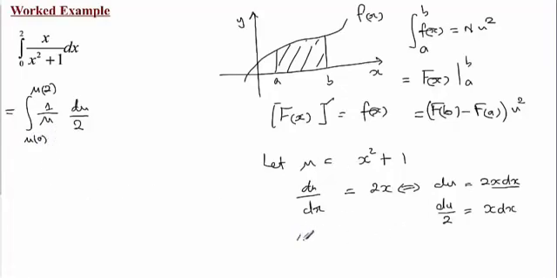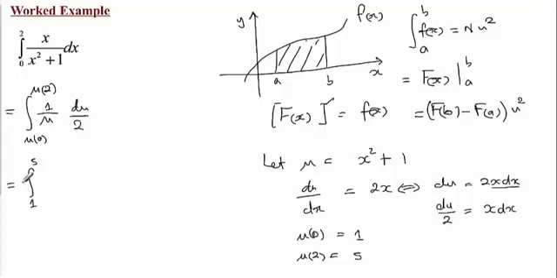So we get u at 0, which is 0 squared plus 1, which gives 1, and u at 2, which is 2 squared plus 1, which is equal to 5. So this integral now continues as a definite integral from 1 to 5.